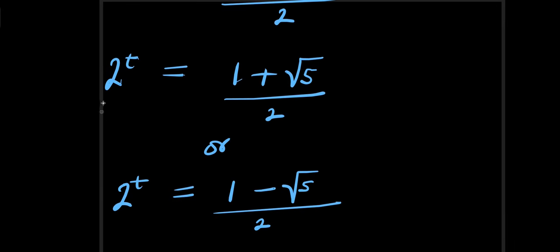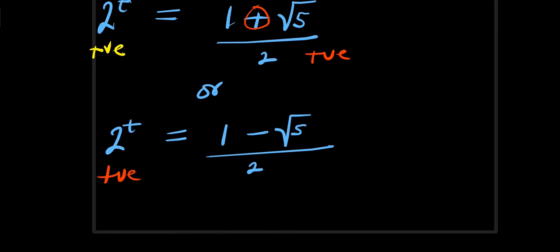Now this is positive. This will give you positive as well because it is positive. And this is positive. This will give you negative because root 5 is obviously greater than 1. That means 1 is less than root 5. So this will give you negative, so we are not going to consider this.